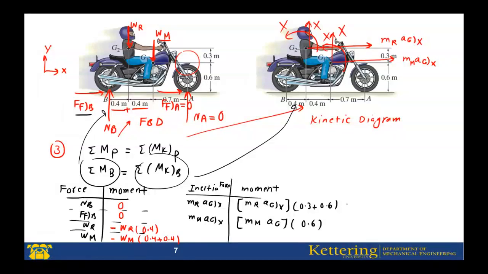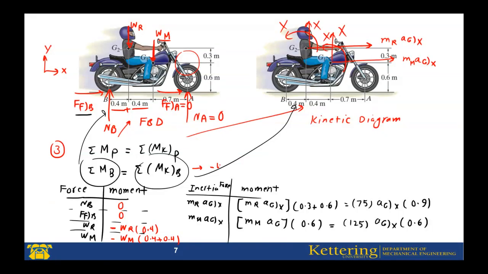Or this one is equal to M of rider 75 multiplied by AGX multiplied by 0.9. This one is equal to 125 AGX multiplied by 0.6. Now, if I add all of these together, this is the left hand side. Adding these together, this is the right hand side.